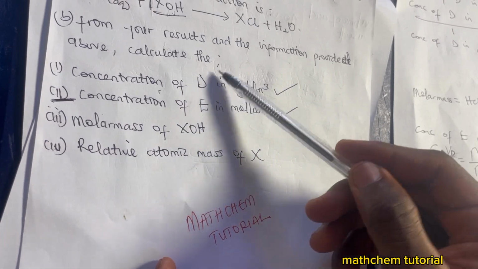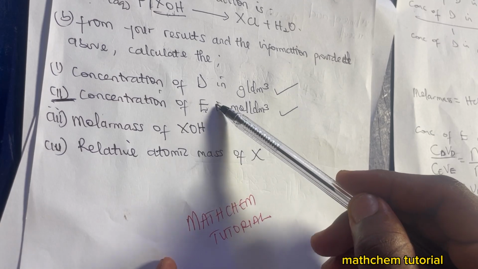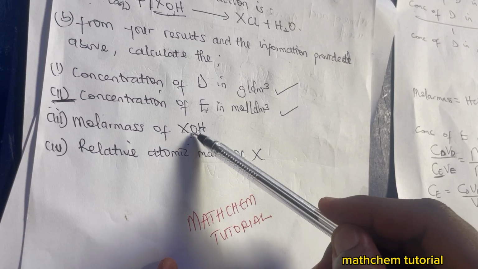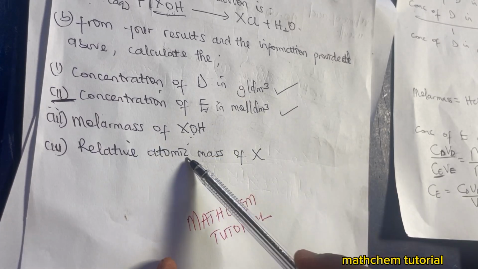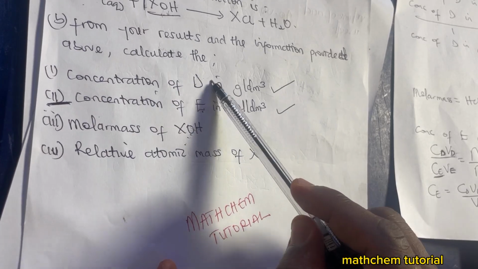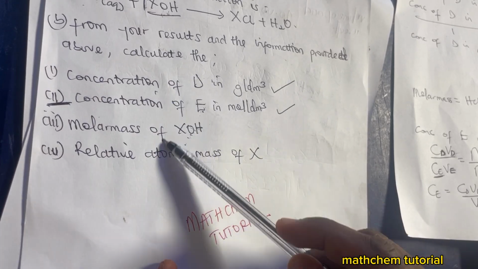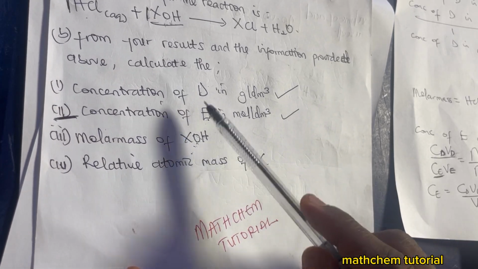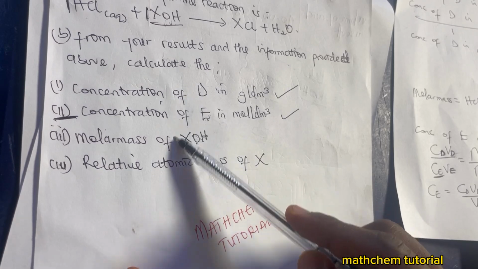The answer you got here will help this one. The answer you got here will be used to calculate this one. I am very sure that anything you got here will be used to calculate this one. So once you make any mistake here, my dear, everything here is 0. You know what I'm saying now? Once you make any mistake in this first one, everything here is 0.